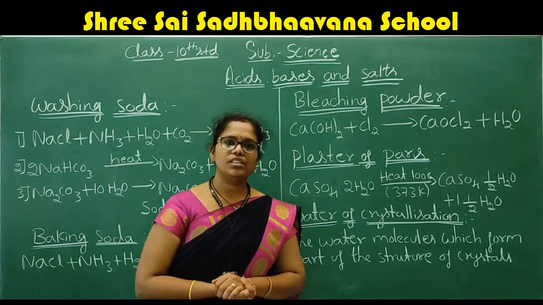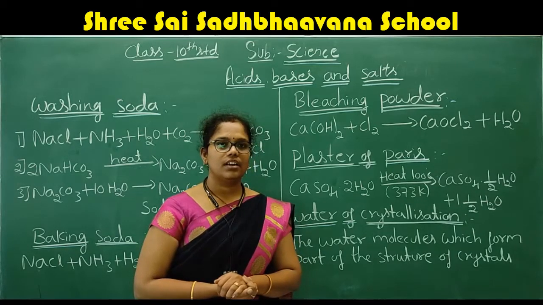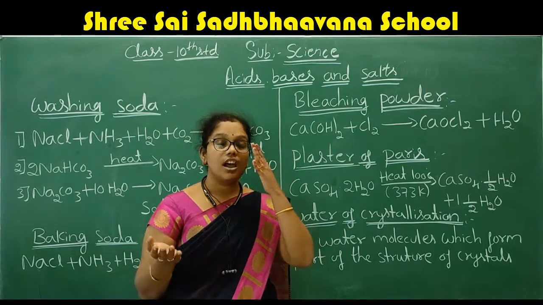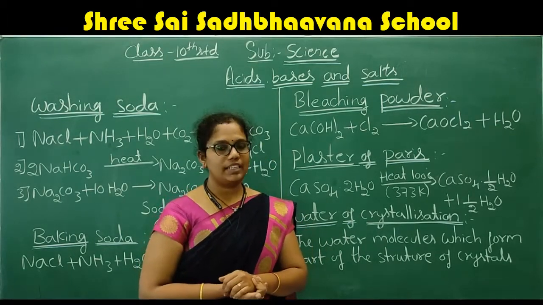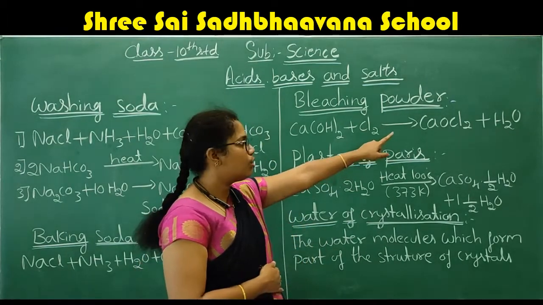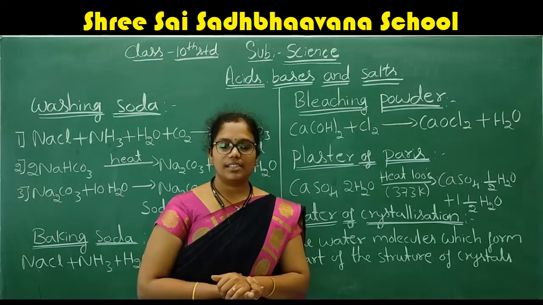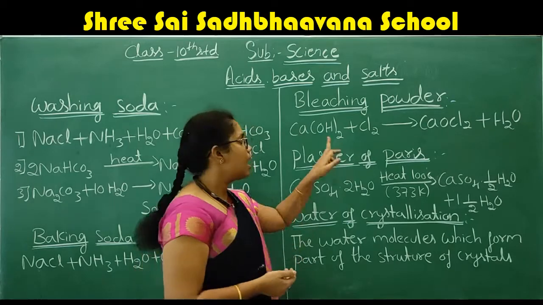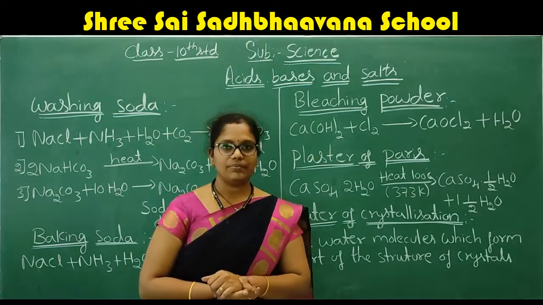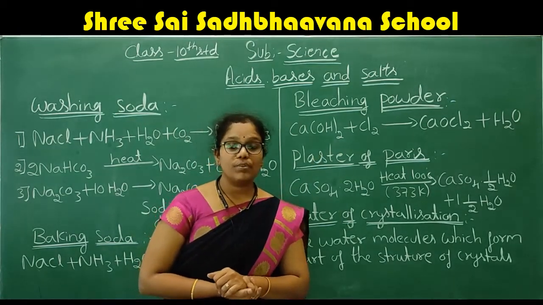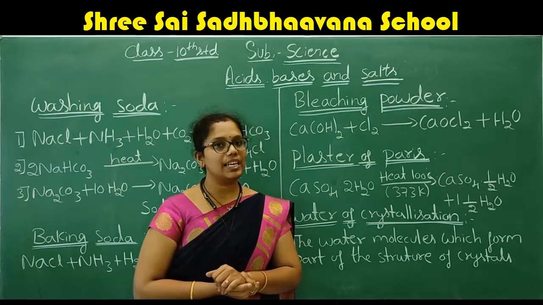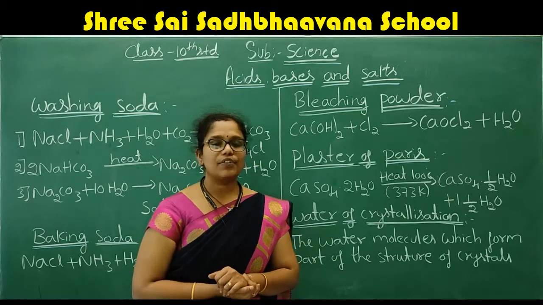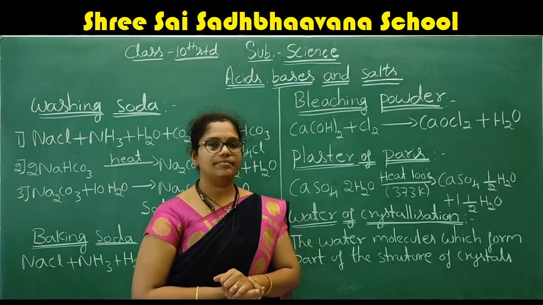Where are we going to use this bleaching powder? Nowadays, due to the corona situation, we use a lot of bleaching powder, due to the presence of the chlorine element. With bleaching powder, we kill some microorganisms, some viruses and some bacteria.